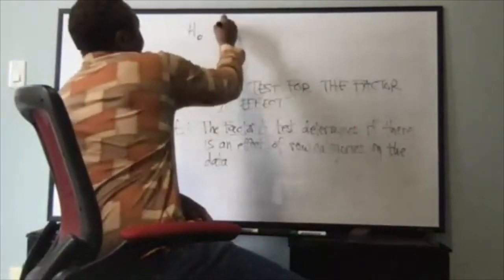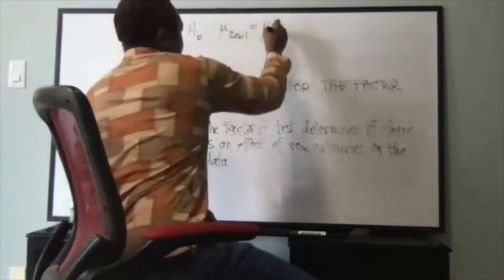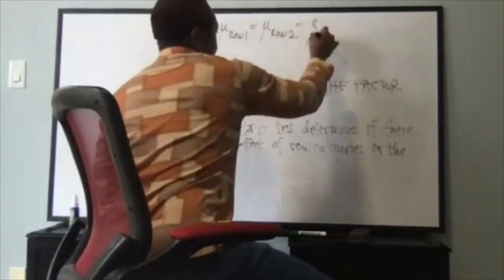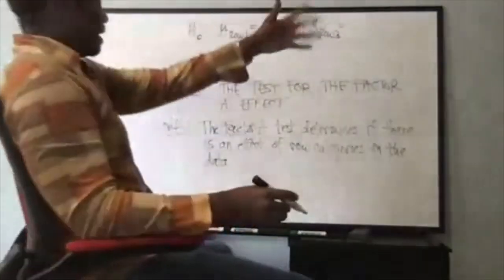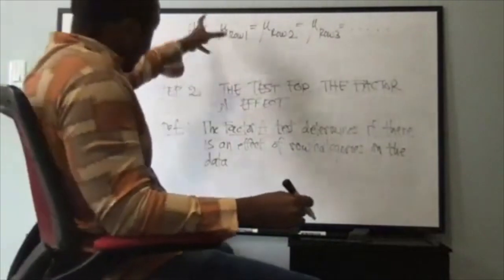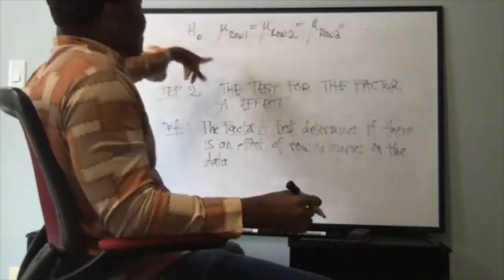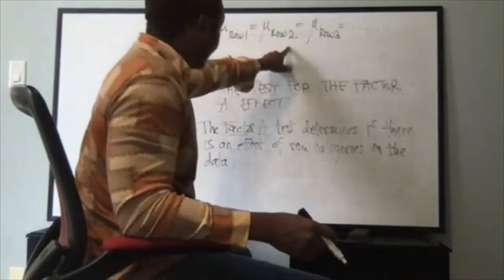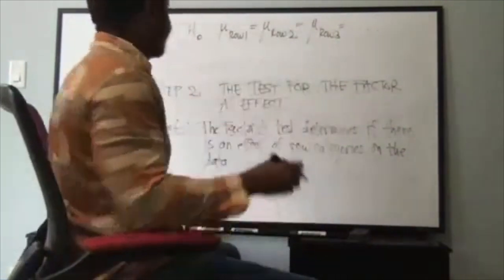So we're going to say mu row 1 equals mu row 2 equals mu row 3 equals dot, dot, dot, depending on how many rows you have, right? So depending on what the row category heading is, if it's location, for example, then this would be mu the first location, mu the second location, right? And we're going to try to see what effect these rows have on the data.